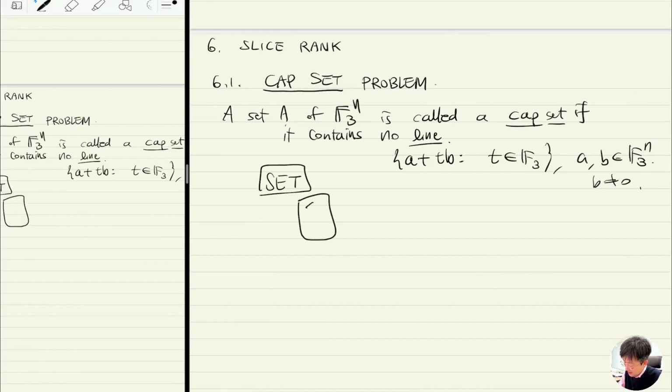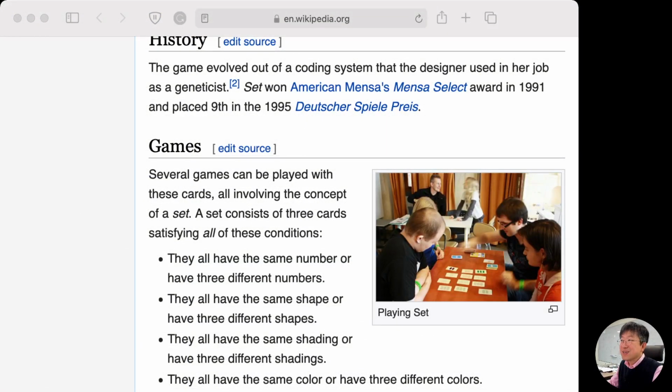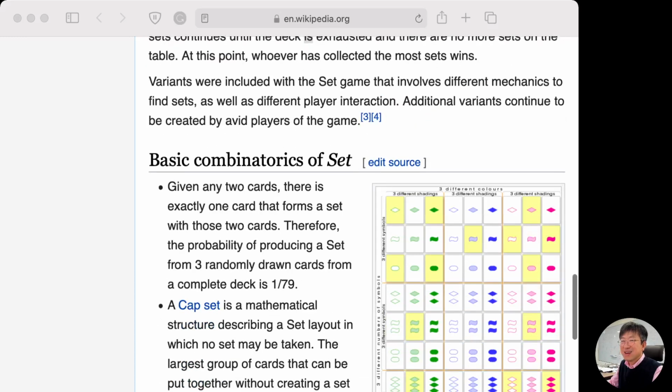Set is a card game using cards like this.